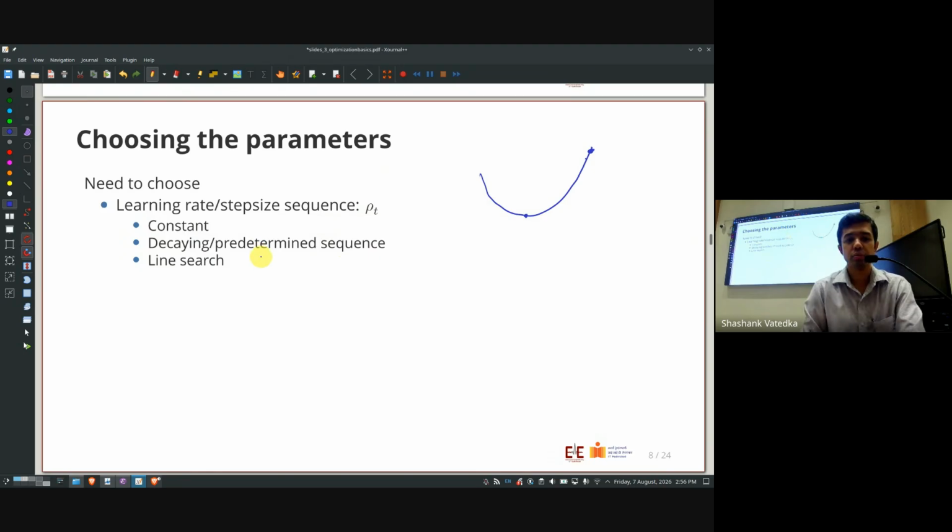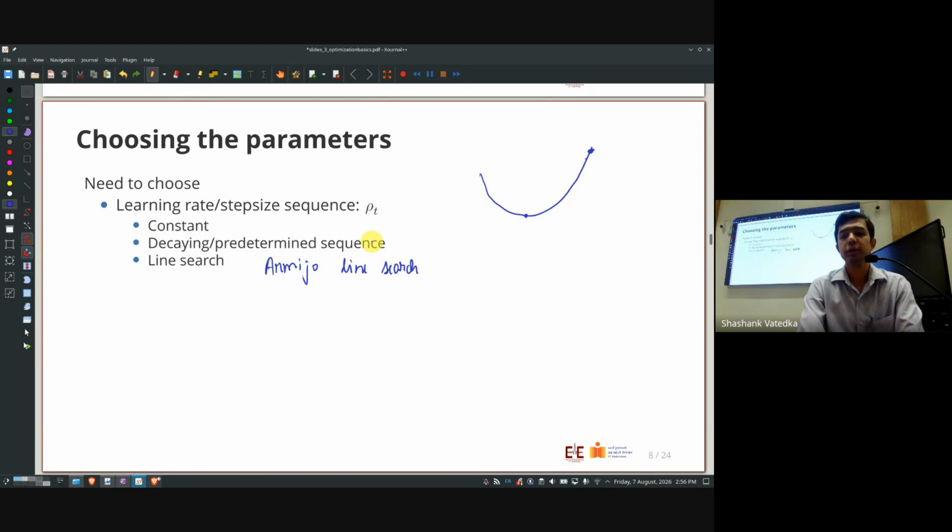One popular approach is the Armijo line search. In many cases, this gives the best performance, and you can show that this is definitely going to be better than choosing it to be constant or according to a predetermined sequence.